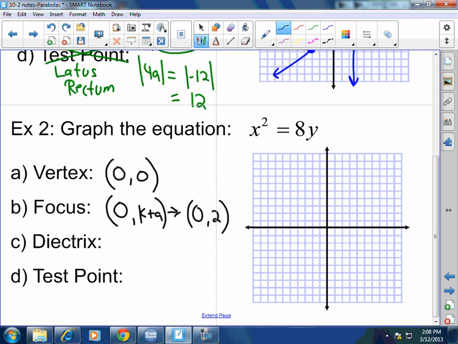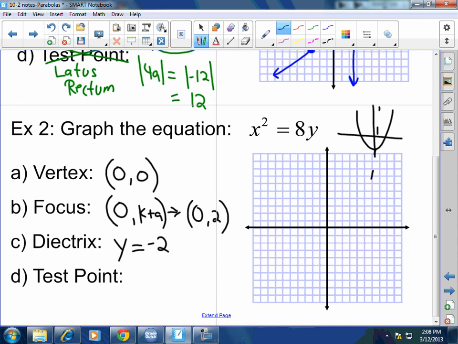What kind of an axis of symmetry is this going to be? It goes up like that, so it's going to be an x equals, correct? If it's an x equals axis of symmetry, the directrix will be a y equals, and it's going to be k minus a, so y will equal negative 2.